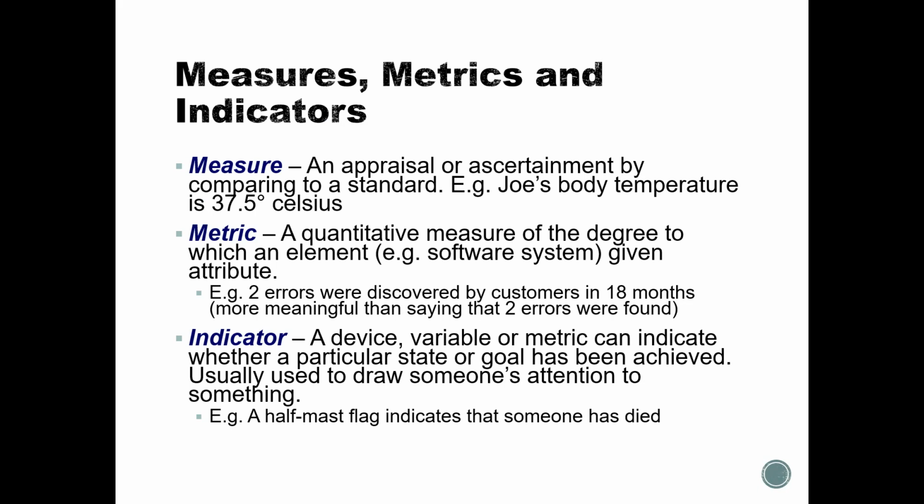An example is: Joe's body temperature is 37.5 degrees Celsius. Joe's body temperature can be the feature, and the reading that you have, 37.5 degrees, is a measure that you have obtained.